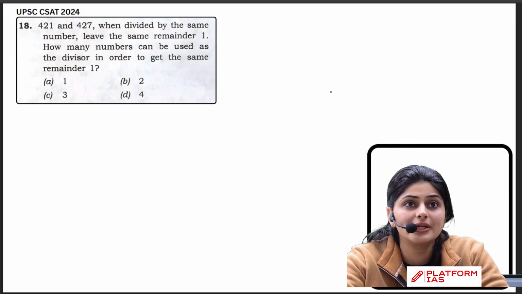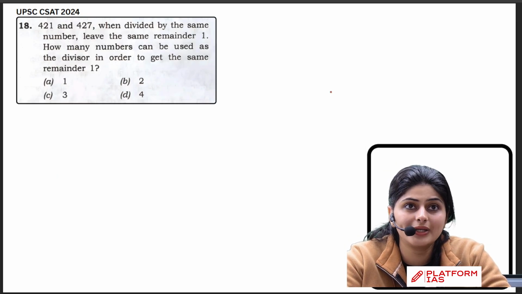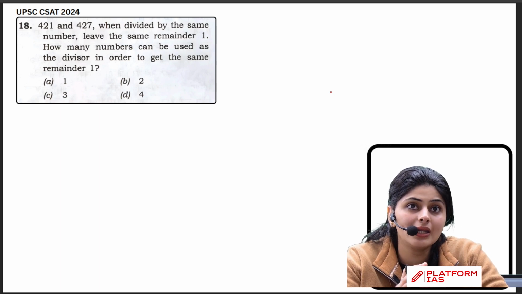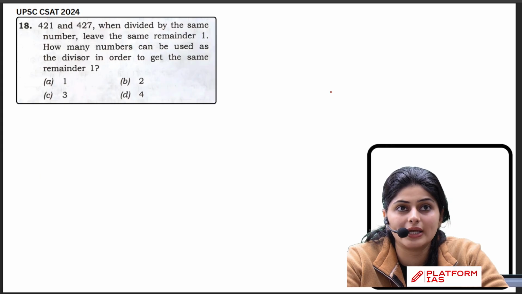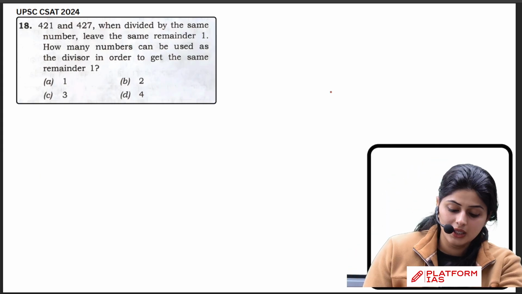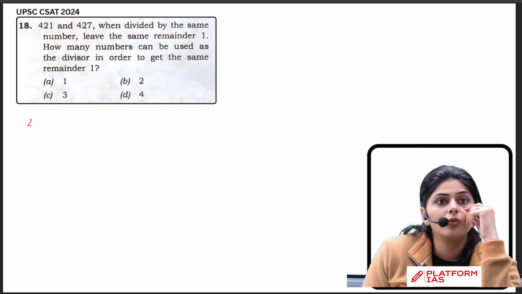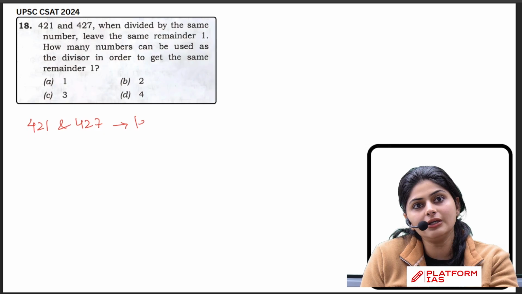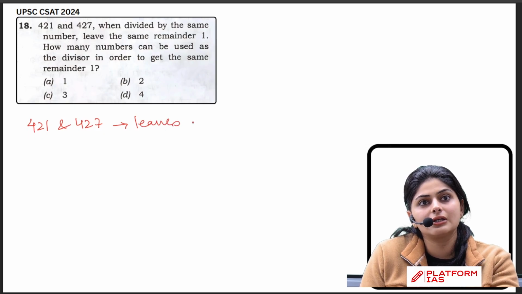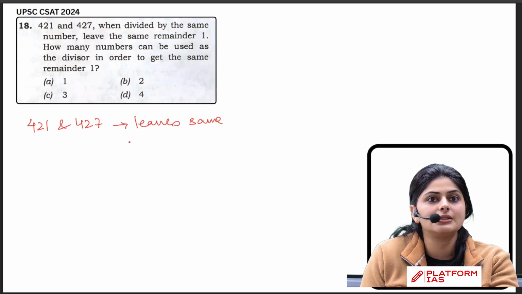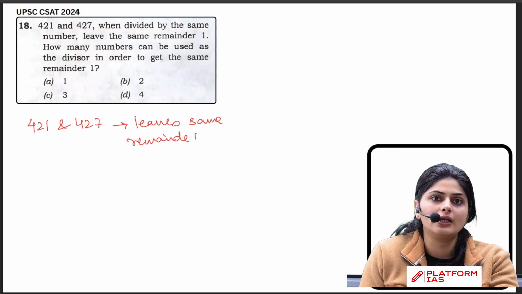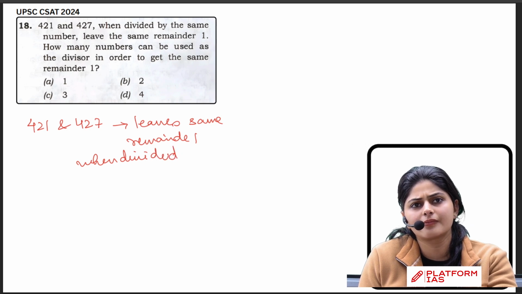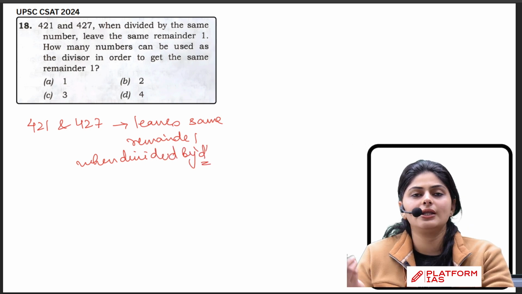Let's read the question. The question says 421 and 427 when divided by the same number leave the same remainder 1. How many numbers can be used as divisor in order to get the same remainder 1? Now when 421 and 427 leave the same remainder 1 when divided by, say, the divisor D, we are taking D as the divisor.